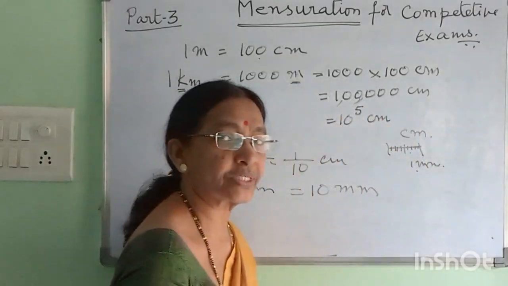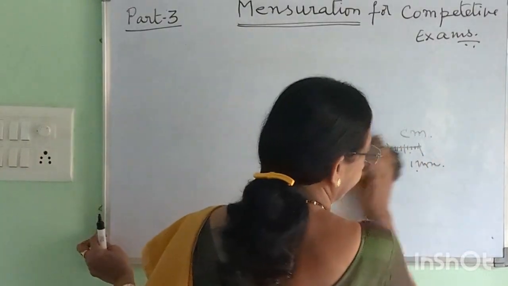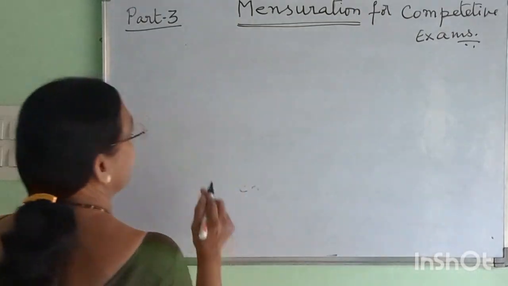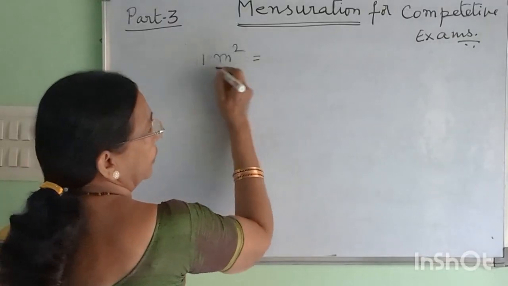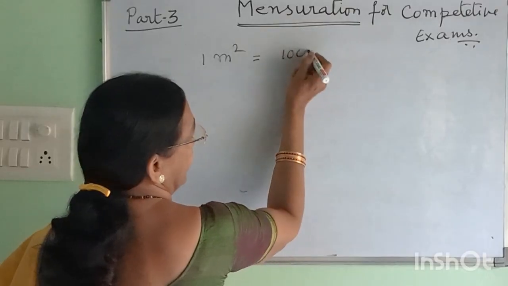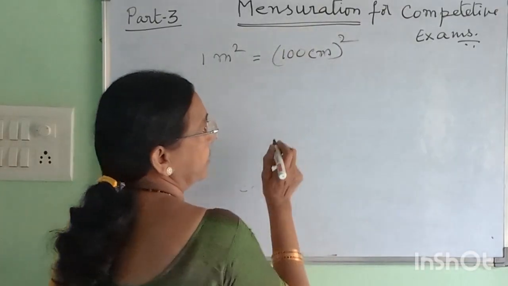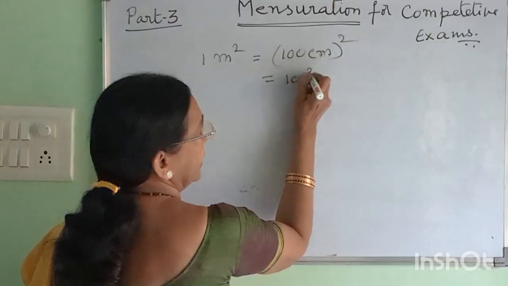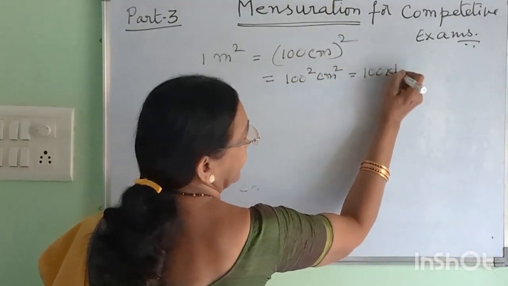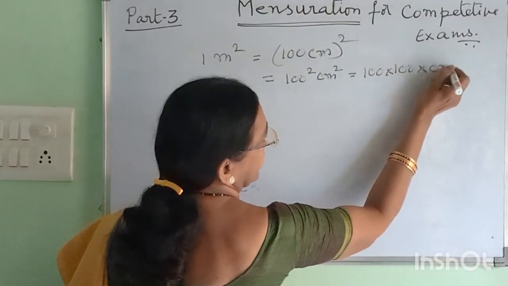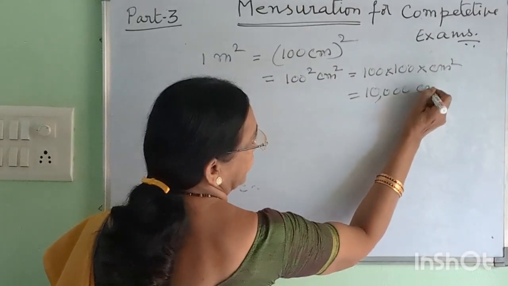But in the units of area, this is different. Suppose 1 meter square is equal to, 1 meter is 100 centimeters. So 1 meter square is 100 centimeters whole square, that is 100 into 100 centimeter square, which is equal to 10,000 centimeter square.